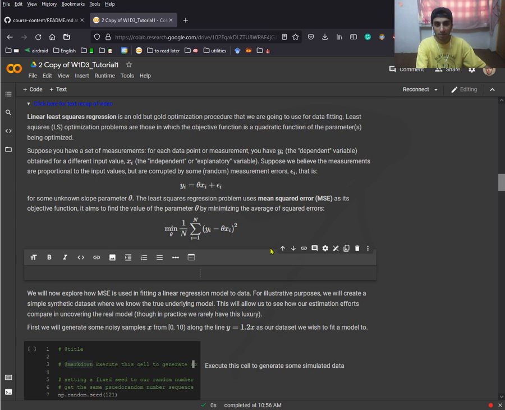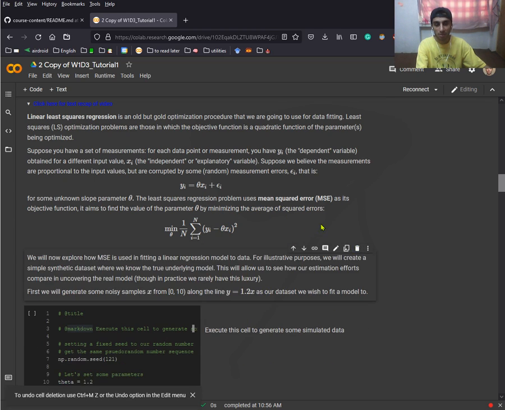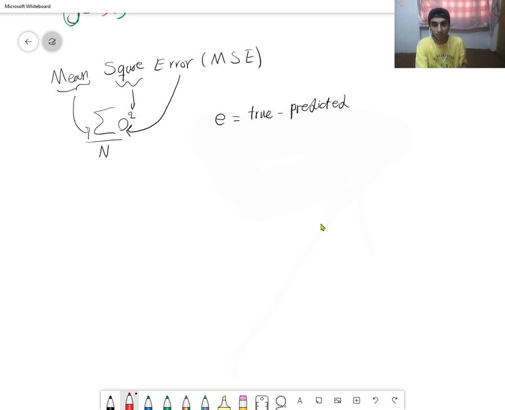And I can tell you, let me delete this. 1 divided by n times sigma of true value, of course I start from 1 to n, to the last point, minus predicted value to the power of 2. As you can see, error is true value minus predicted value.